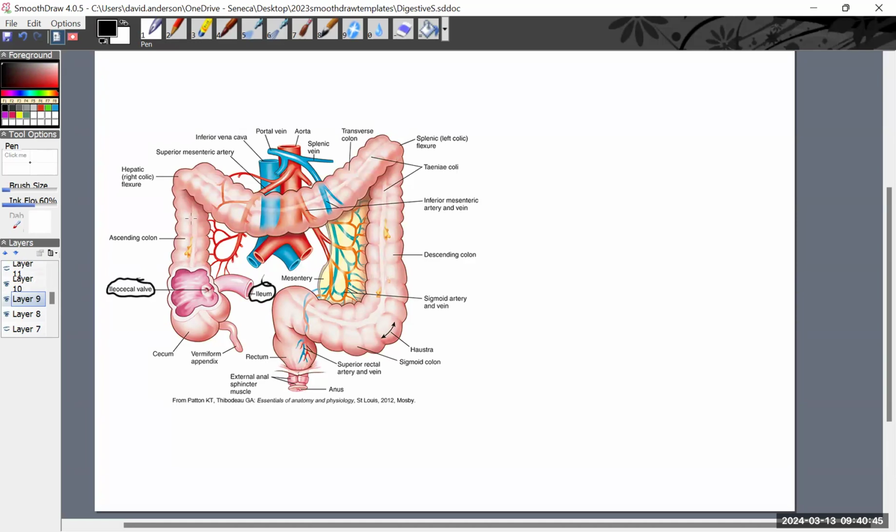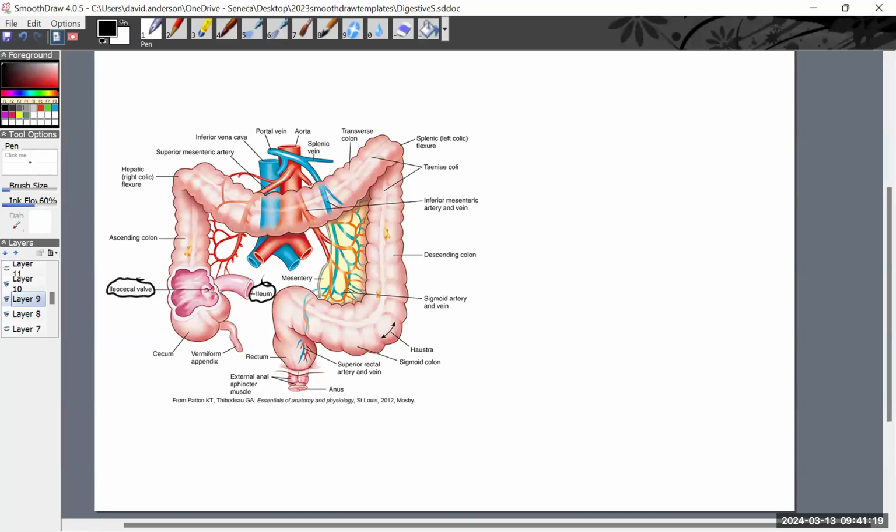You can see that the large intestine has got a cecum, which is the blind end of the large intestine, and on the end of that is our appendix. We know the appendix is filled also with lymphocytes and other immune cells, so we don't really understand a lot about what goes on in the appendix, and I guess in the grand scheme of things, it's not significant, but occasionally it does get inflamed, and when it gets inflamed, it can be very painful, and it does increase the risk of rupture.